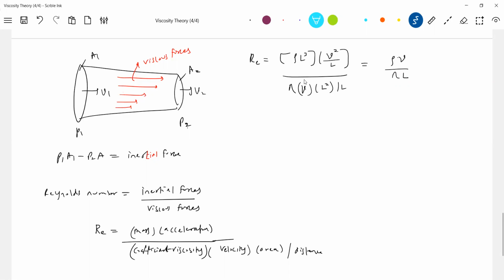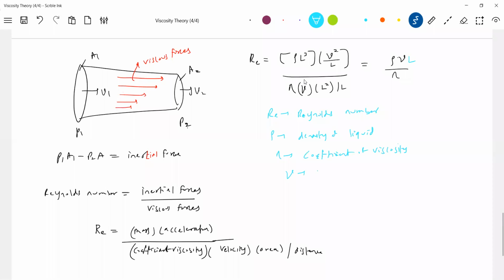Let's define all these terms because this is very important. Re is the Reynolds number, equal to rho V L by eta, with L in the numerator. Rho is the density of the liquid. Eta is called the coefficient of viscosity.